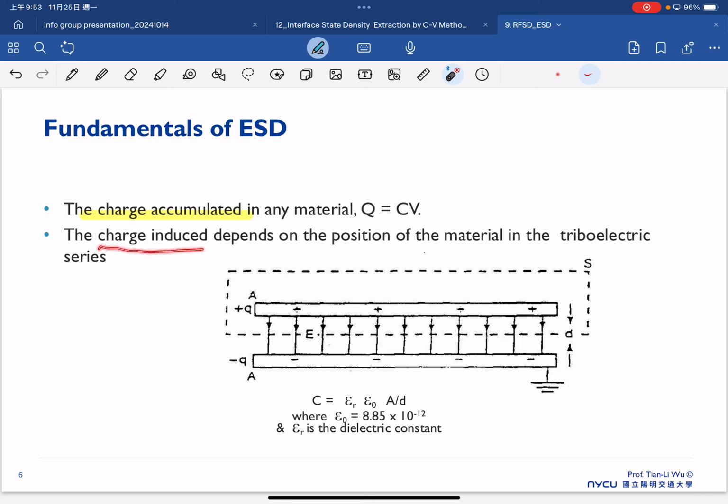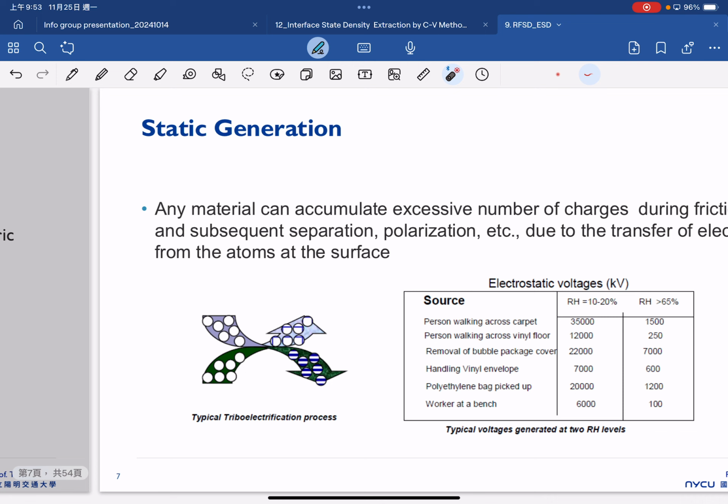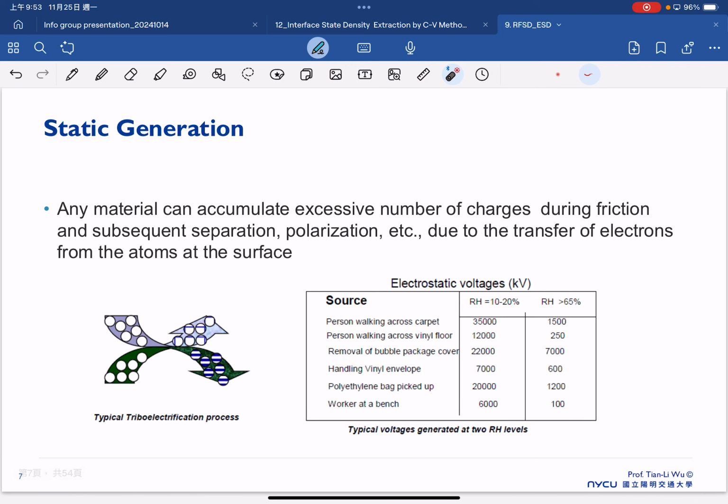And the charge induced depends on the position of the material in the triboelectric series. And this is something that we already face in our typical life. Any material can accumulate an excessive number of charges during friction and subsequent separation.